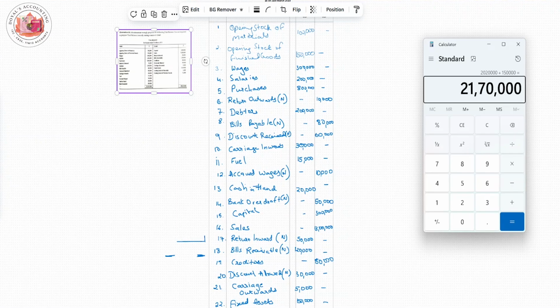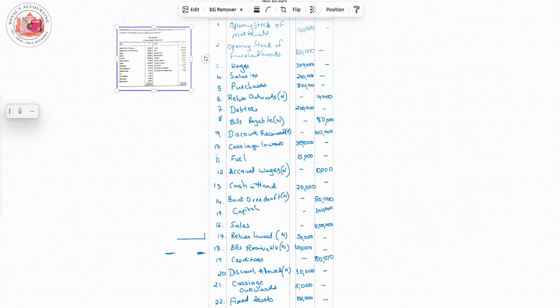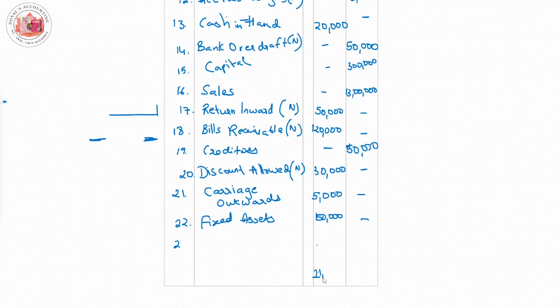Okay, so my total is 21 lakh 70,000 on my debit column. Let me write that down.